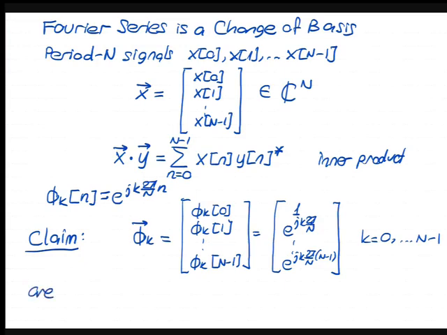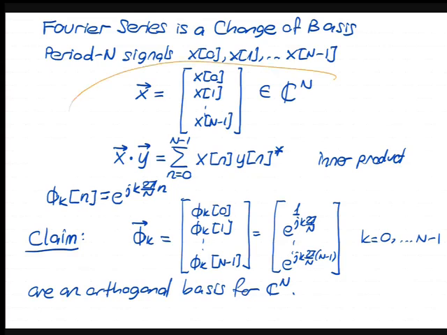So since our signal was represented as an element in C to the n, that means I can change my basis, and I can write my vector x as a linear combination of the new basis vectors, phi 0 to phi n minus 1.